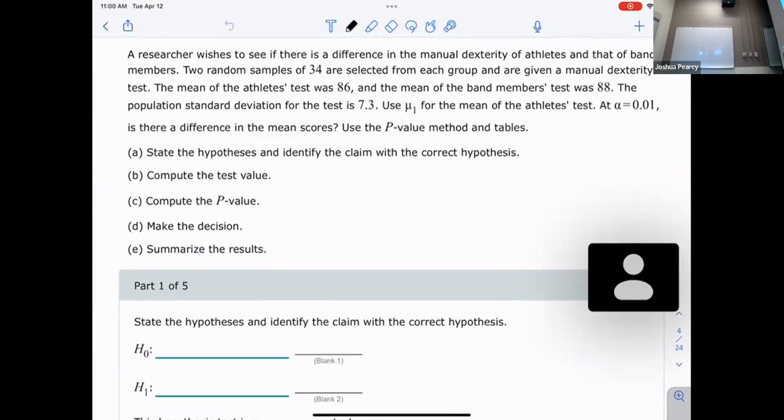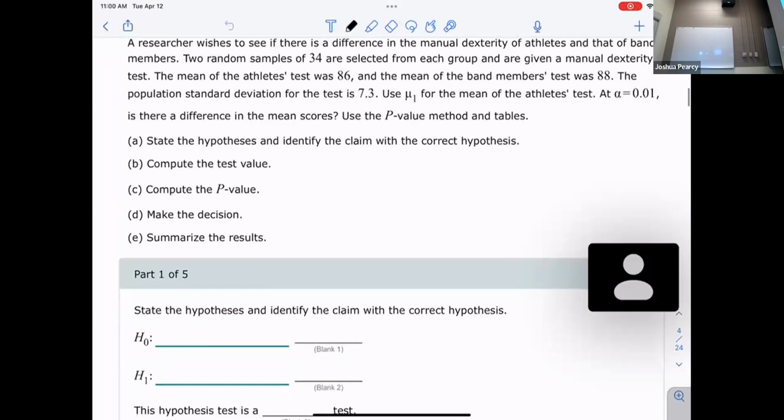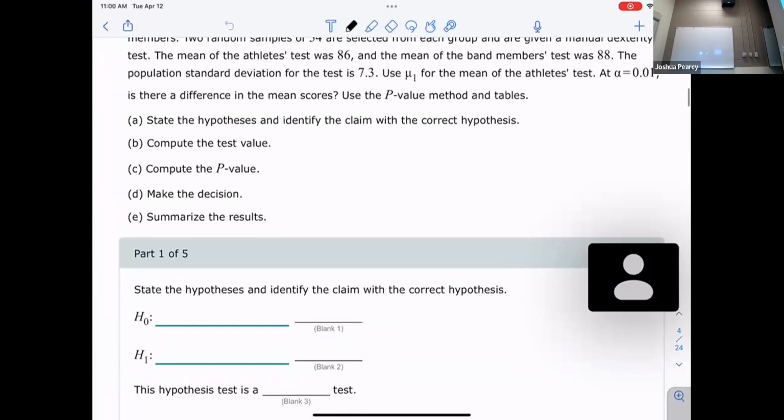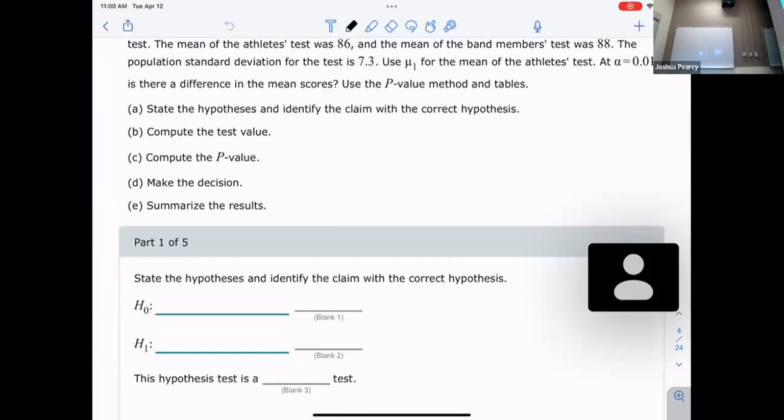The population standard deviation for the test is 7.3. So that just means sigma 1 and sigma 2 are both 7.3. Use mu1 for the mean of the athletes. Alpha is 0.01. Is there a difference in the mean scores? Use the p-value method and the table.